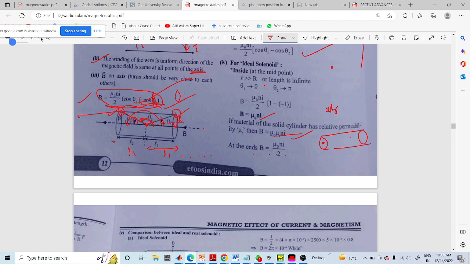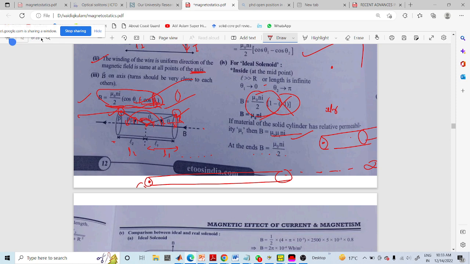We have a solenoid that is infinite, going to infinity, and here we want to calculate the magnetic field at one end. So at one end it will be mu naught n I by 2. How does it come? From the general formula you can calculate: one term goes to 0, so it will be mu naught n I upon 2.